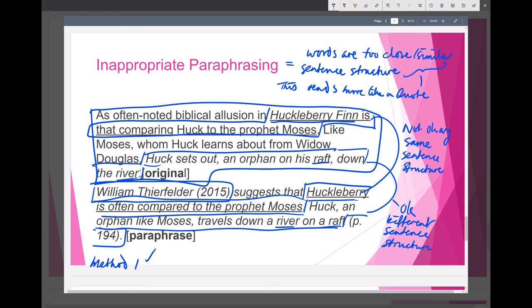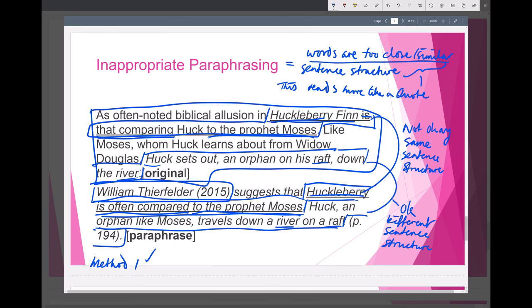And the words are too similar too. So you have Huckleberry Finn, Huckleberry, that's the same, is, well, is that comparing? Well, here is just is often compared. Too similar to the prophet Moses. To the prophet Moses. That's the same.